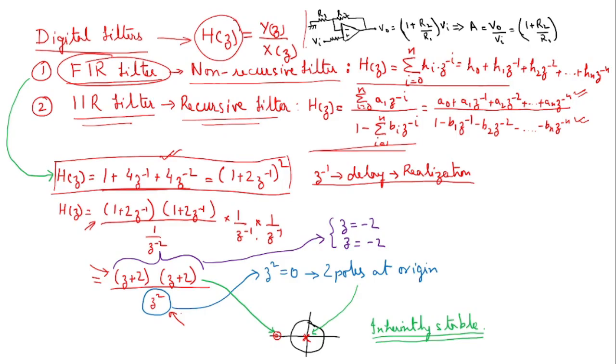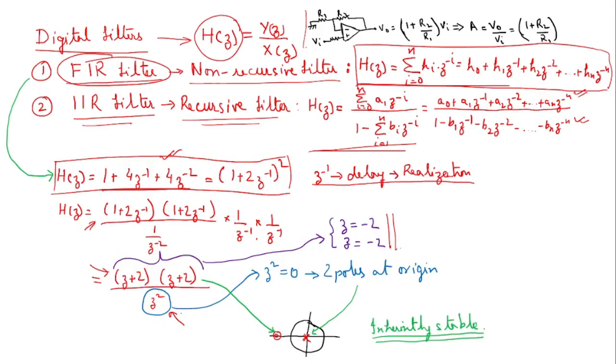On the other hand, in the numerator we have (z plus 2) multiplied by (z plus 2). That means we have two zeros at z equals minus 2. Now, since in the transfer function we only have the numerator component, when we try to simplify that and get the location of the poles and the zeros, what happens?